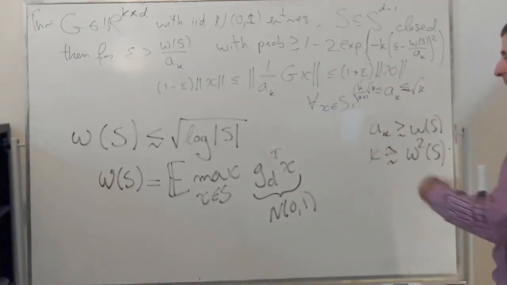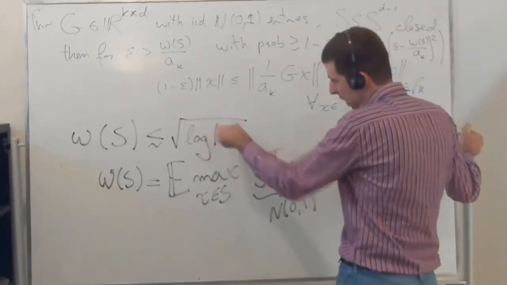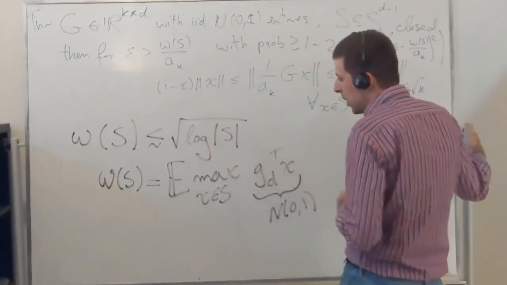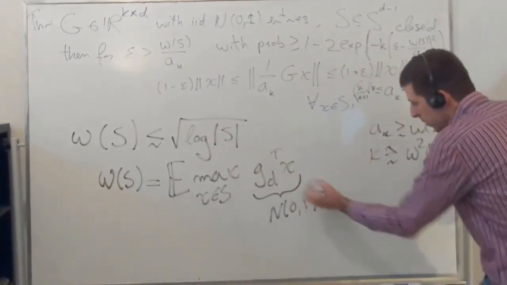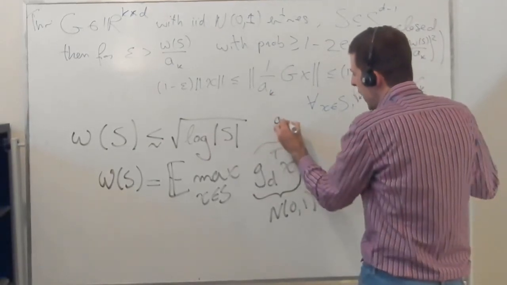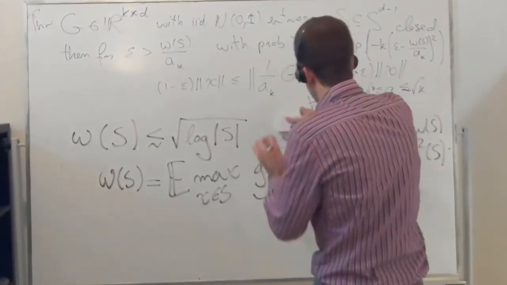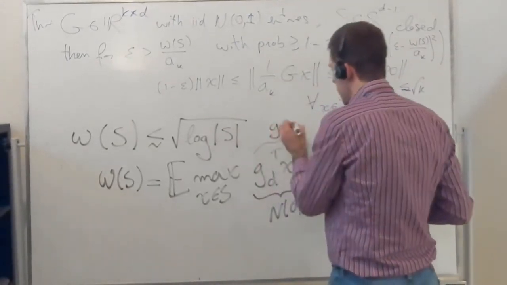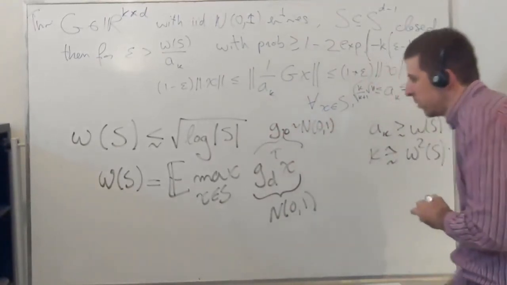And so this is just the maximum of size of S many standard Gaussians. I can index this with, let's call this g_x, a random one-dimensional Gaussian.